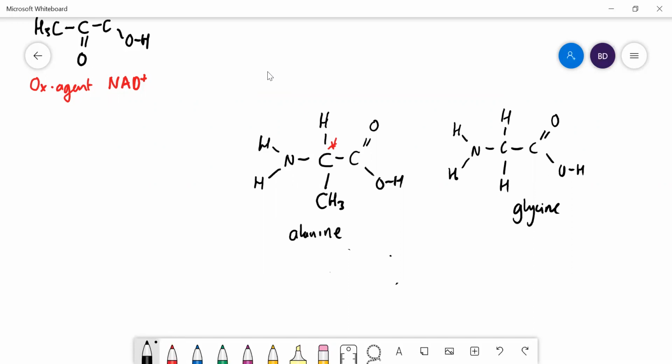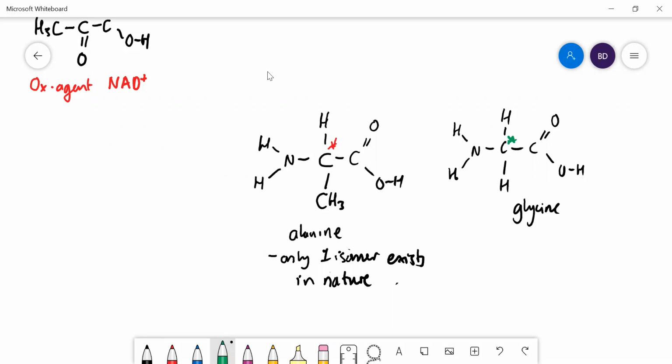it has an asymmetric carbon, so there should be two versions of alanine, but you only ever find one isomer that exists in nature. Now, the reason I put glycine here is that the carbon in glycine is not asymmetric because you've got two hydrogens attached.